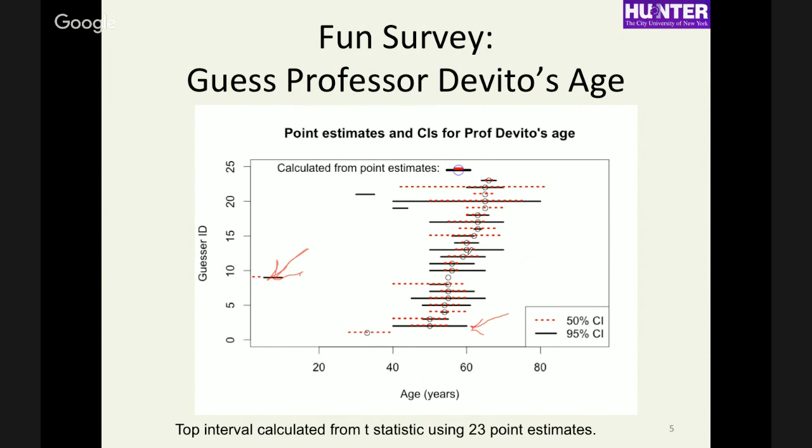Let's look at some other ones though. How about this one? This one's a bit suspect, I think. Someone want to say why? So we have a 50% confidence interval coming out to here, and a 95% coming to there.